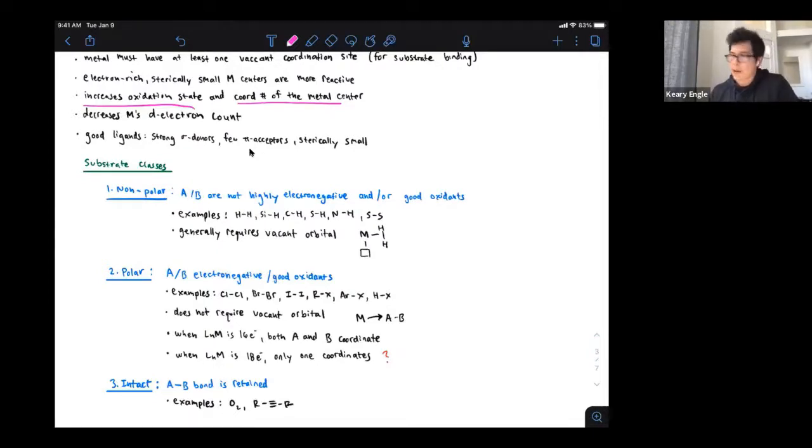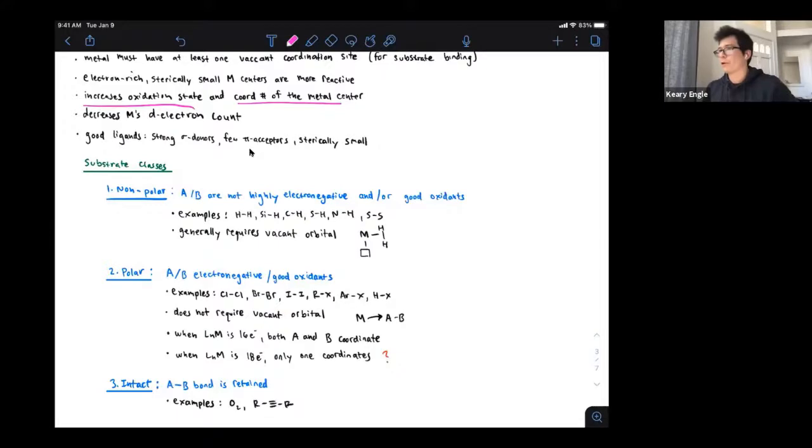So this non-polar type, these are things that we generally would look at and not think this is a good oxidant, or it does not have any highly electronegative atoms involved in the bond. So H2, like we've seen, silicon hydrogen bonds, CH bonds, SH, NH, and SS bonds.